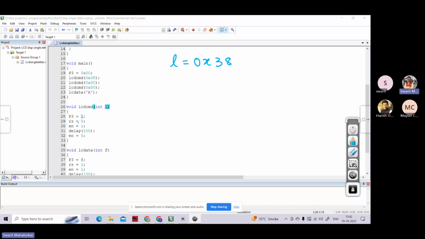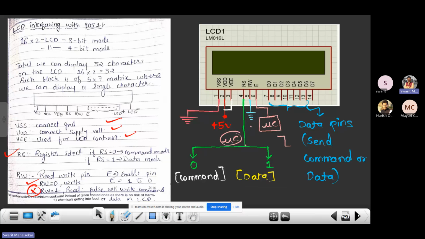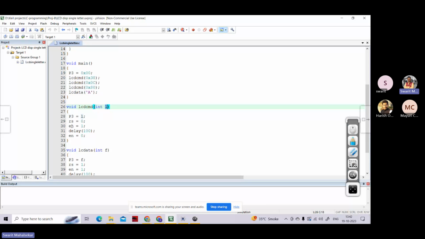Now RS is 0, and as I mentioned, if RS is 0, I am sending a certain command. If you make this bit 0, the LCD will come to know that it is getting a command from the microcontroller. For that purpose, I had written RS as 0. Then we have enable 1, then a delay of around 100 microseconds, and then enable 0.